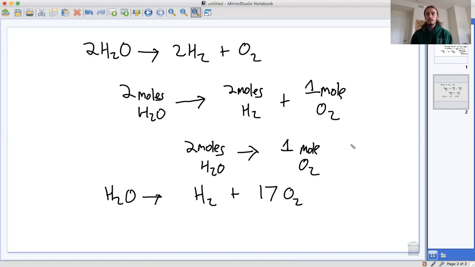So one way to do this is to take 17 and divide by the coefficient of O2, which in this case is just 17.